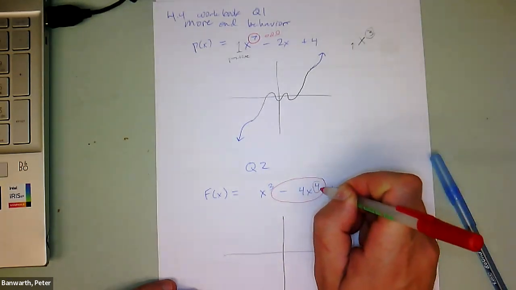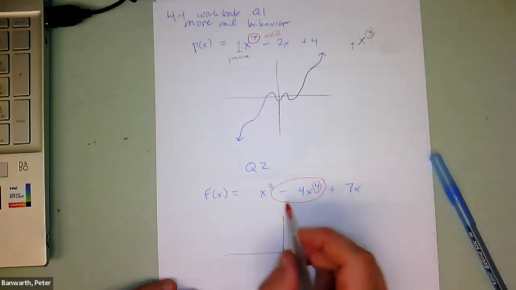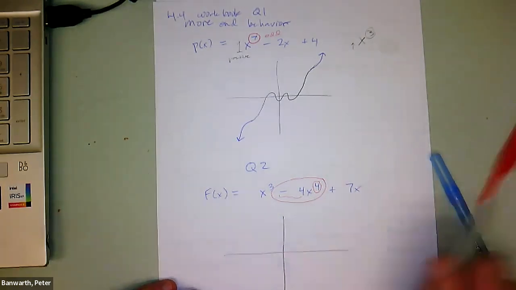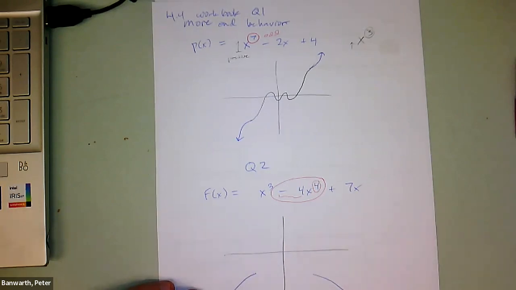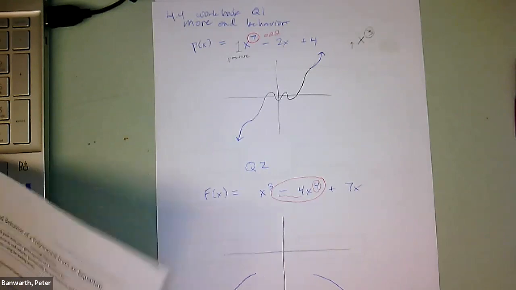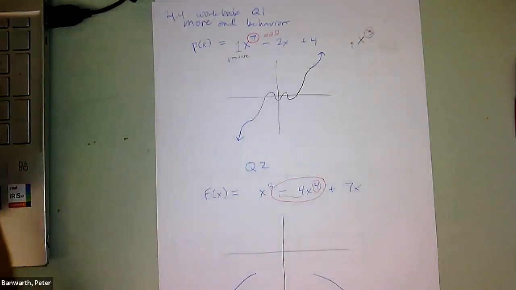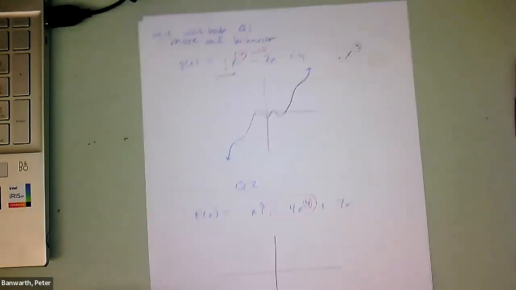That's an even power, so it should look like x squared. That's a negative leading coefficient, so it should end up down. All right, moving on.